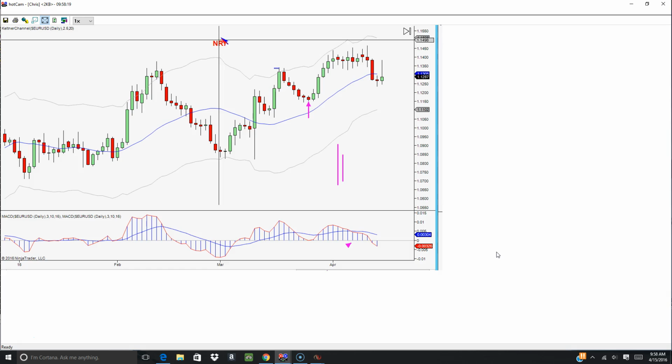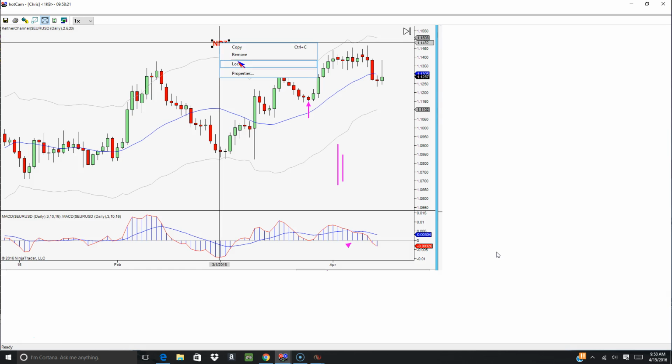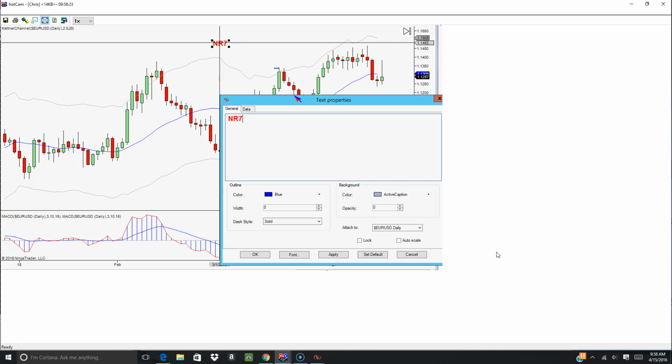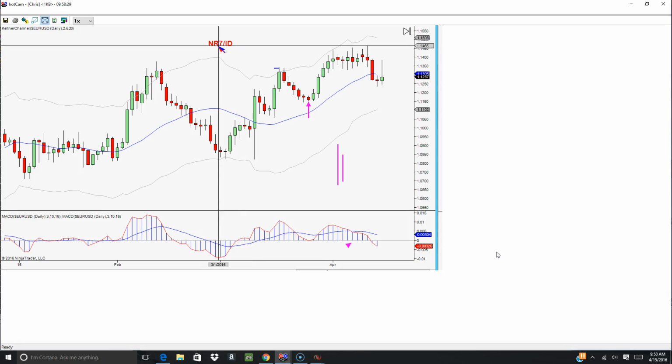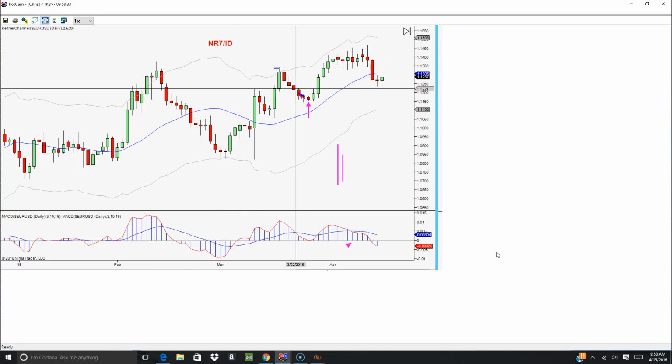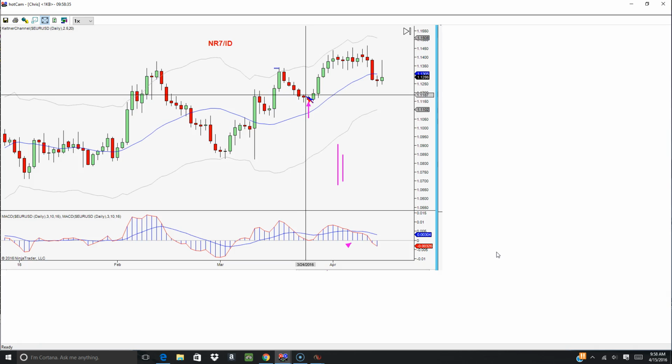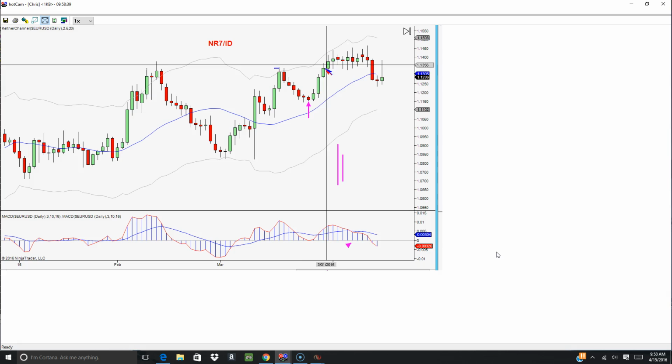So you have an inside day plus the narrowest range in 7 days. So this becomes what's called an NR7 ID: narrowest range in the past 7 days and an inside day. That's the bar. You usually get expansion from that.